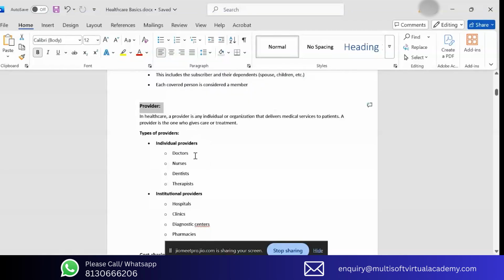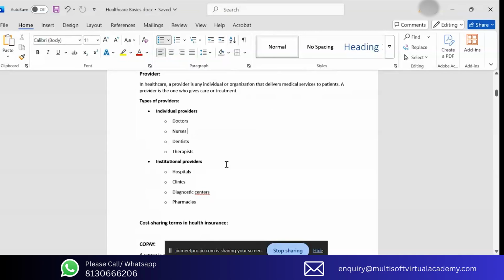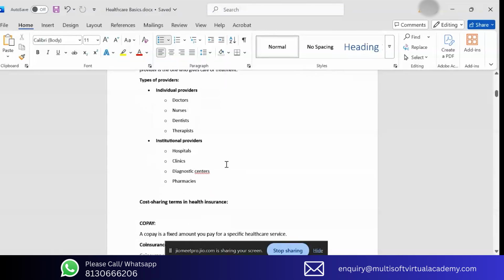It can be individual providers or institutional providers. Individual providers are doctors, nurses, dentists, therapists, all those things. Institutional providers are hospitals, clinics, diagnosis centers, pharmacies, even some therapeutic equipment. All those things also come under provider.